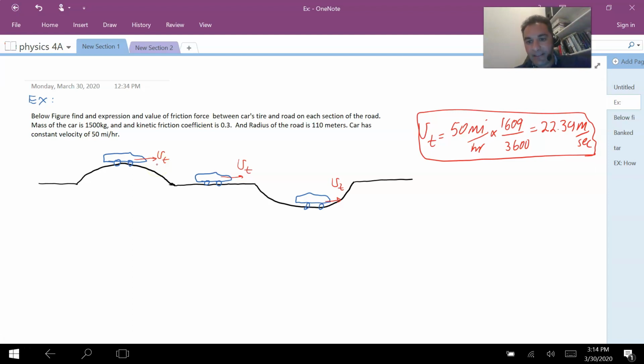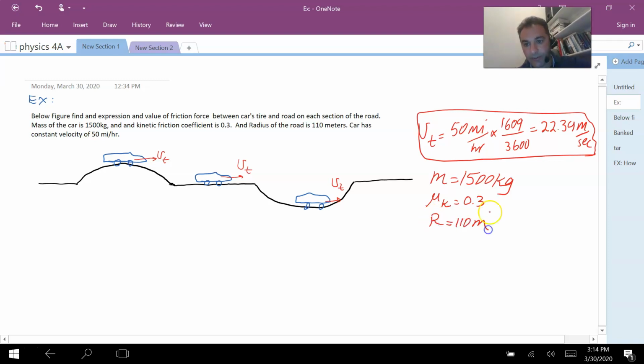Then it says the mass of the car is 1500 kilograms. Then also you have kinetic friction, mu k is 0.3. Radius of the road is 110 meters. Okay, and speed is that. All right. Find an expression and value of friction force. Very good.